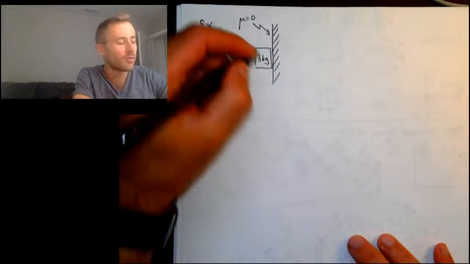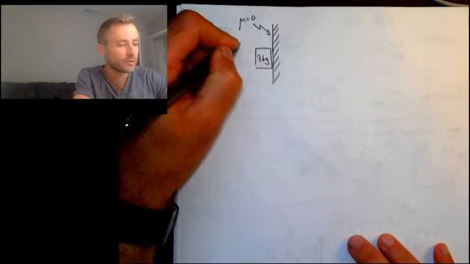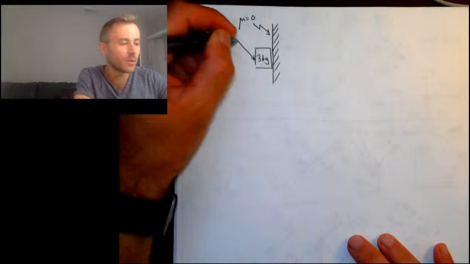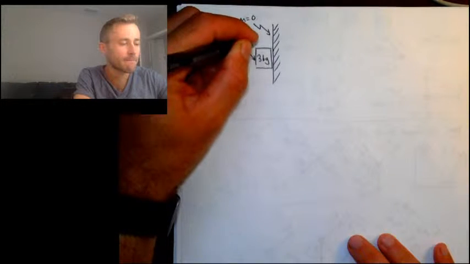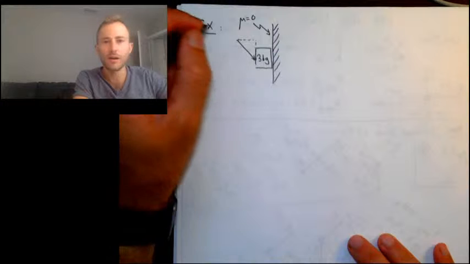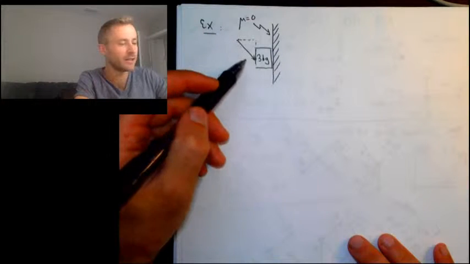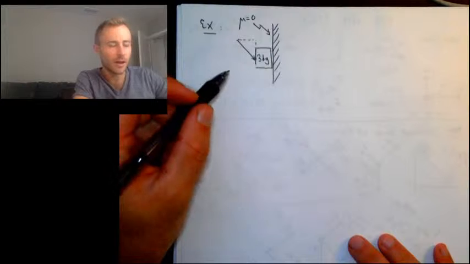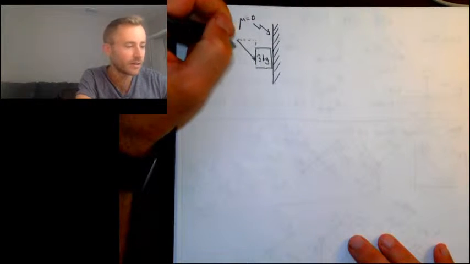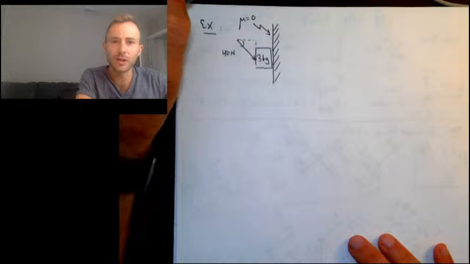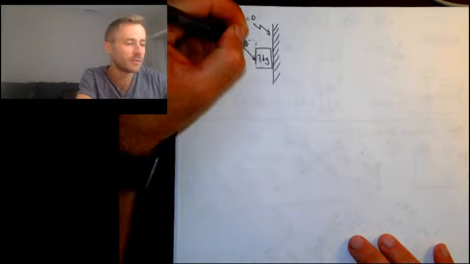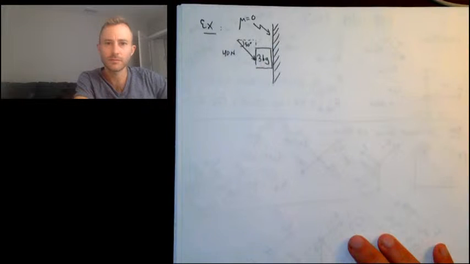And the block is being pushed by a force, so it's pinned against the wall by this force, okay? And let's say that it is a 40 Newton force, and that this angle right here with the horizontal is 50 degrees.